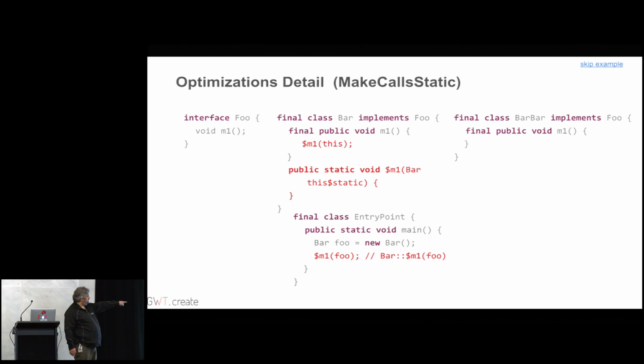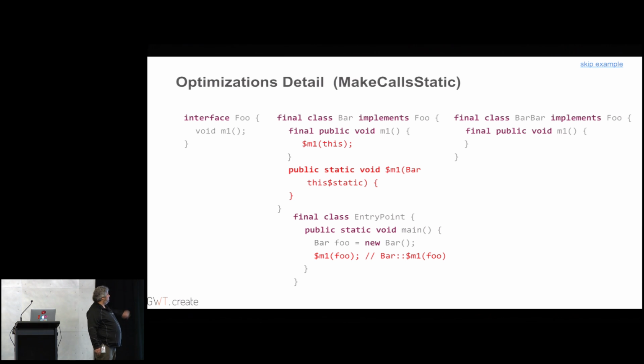It makes explicit the implicit first parameter, which we always call this$static. We replace the call, because that call was static, so we can replace the call. We replace the contents of M1, which in this case was empty, but the devirtualizer doesn't look at that.